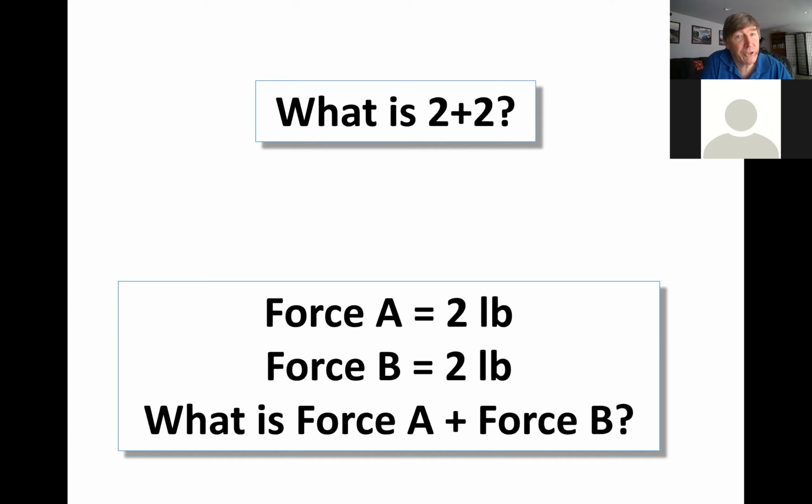Bob is also pushing on the same rock, and he's also pushing with 2 pounds of force. But what is the total force going to be on the rock? What I really want to know is what is force A plus force B? In essence, I'm asking what is 2 plus 2, but the way I have to word it here is what is force A plus force B going to be equal to? Do you see now that it's entirely possible that it might not be 4?